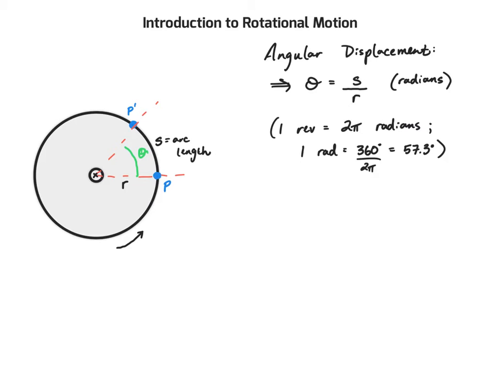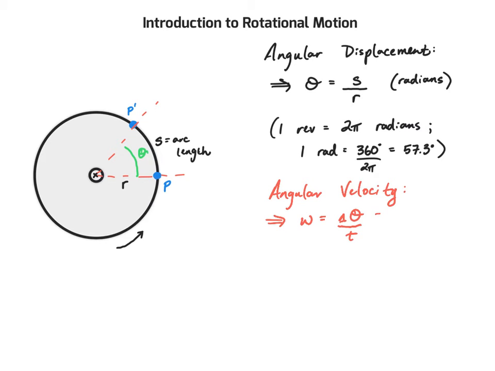So how we define this, we're going to say that angular velocity mathematically is omega equal to our change in theta, our change in angular displacement, divided by time.